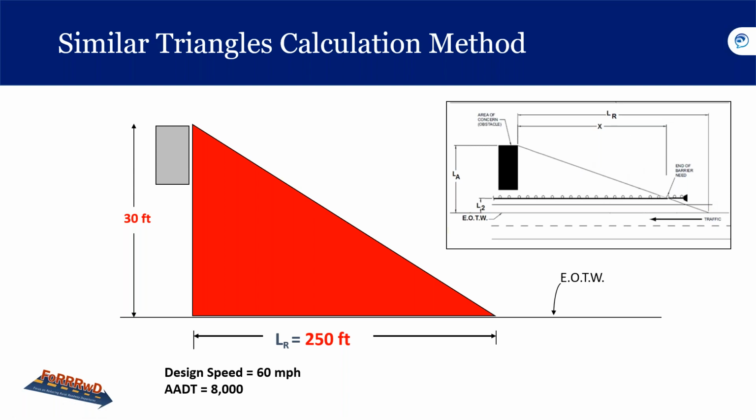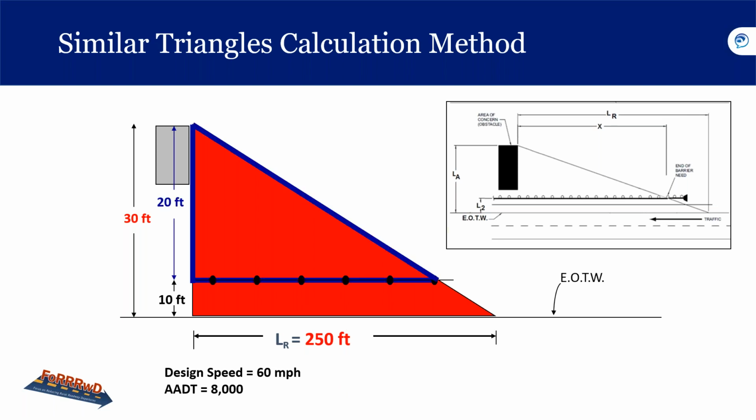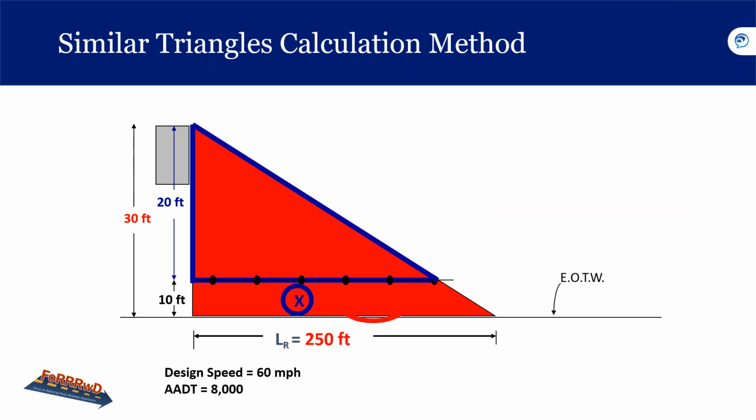They sometimes use this method. There's the guardrail that you would want the barrier to be at least that long, and then begin the transition and end treatment. So in that case, the length of runout is 250 feet with those particular dimensions and variables.